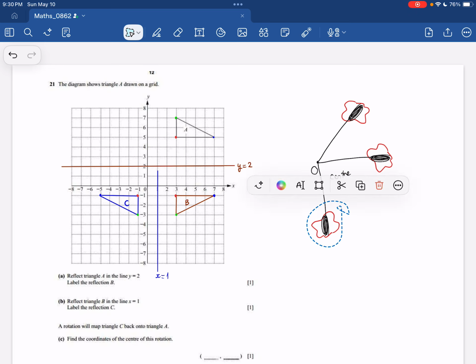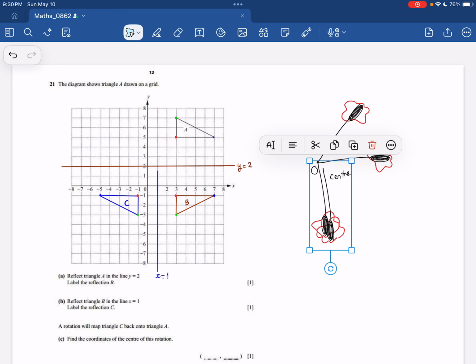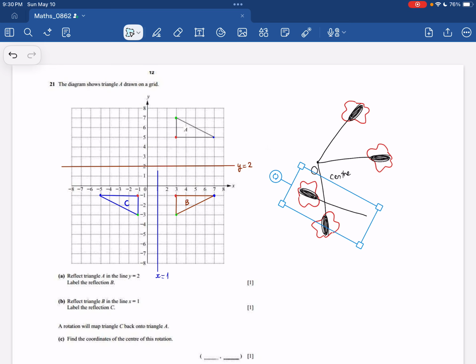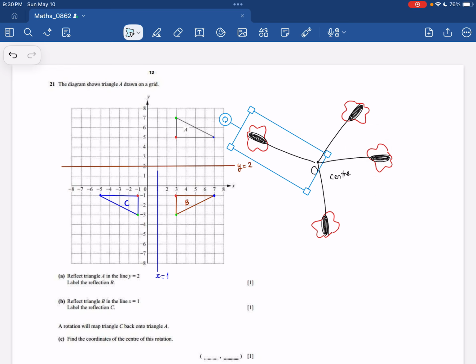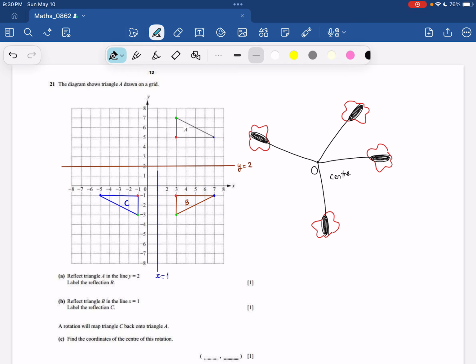So I need to make sure it sticks to the center like this, and then rotate again. You see what I mean? So if you have a point P here, when you rotate it, it changes position, but it's still the same point P.